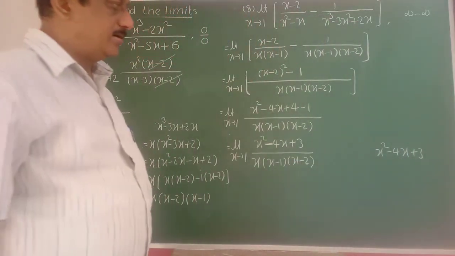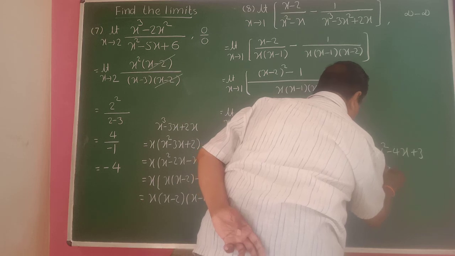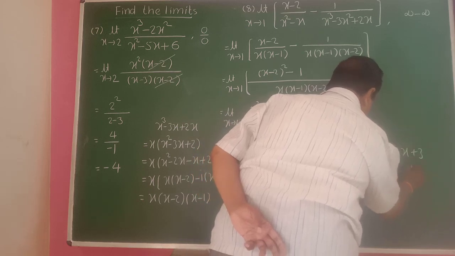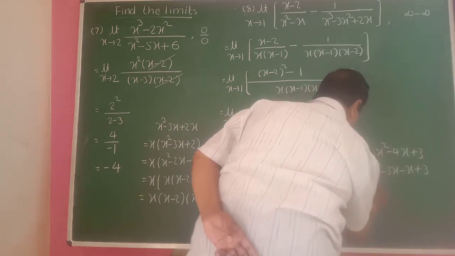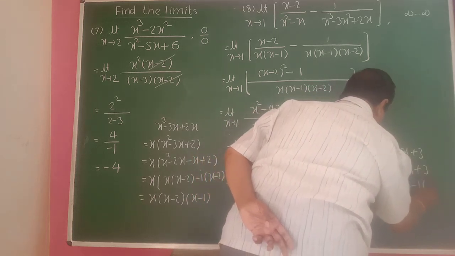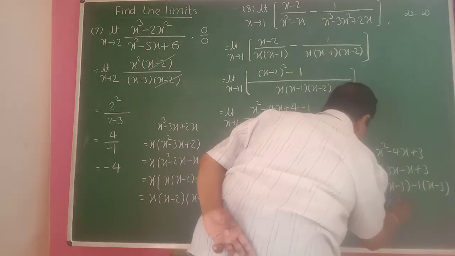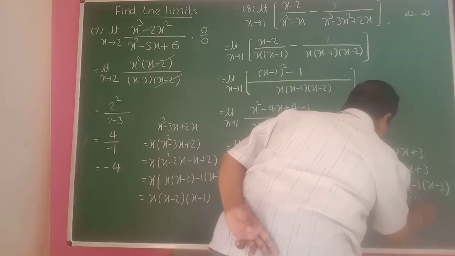Two numbers are minus 3 and minus 1. Therefore x square minus 3x minus x plus 3. x common factor here, x minus 3 minus 1 is the common, x minus 3. Hence x minus 3 into x minus 1.